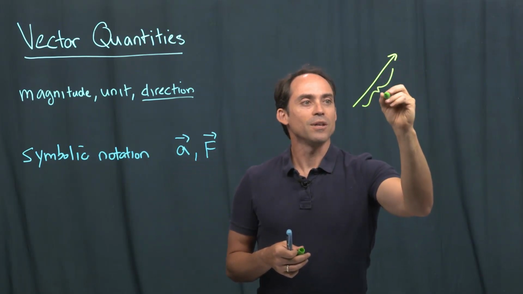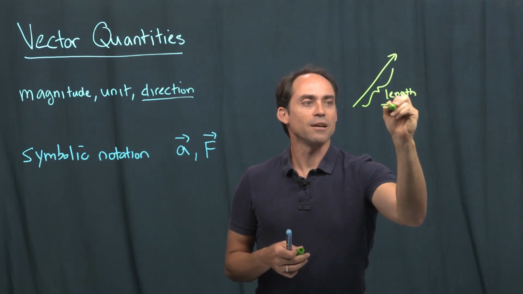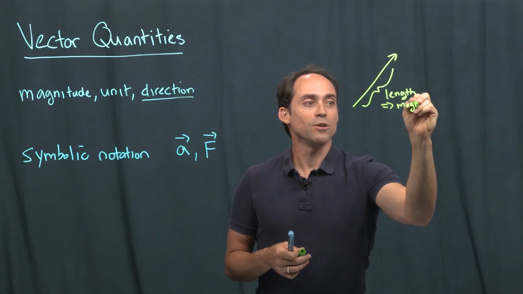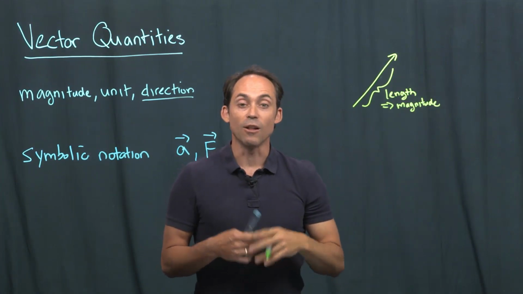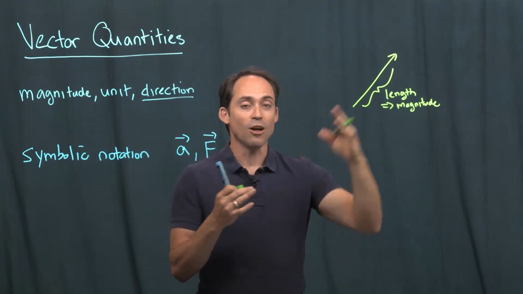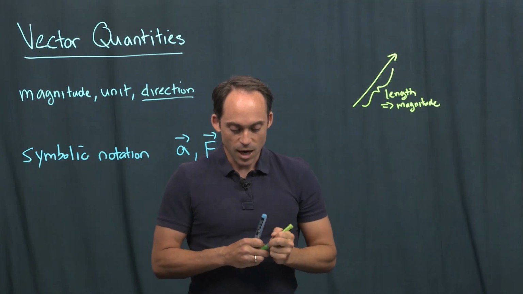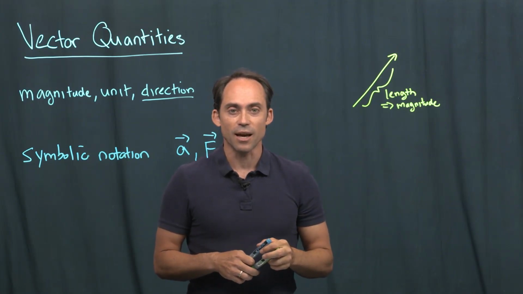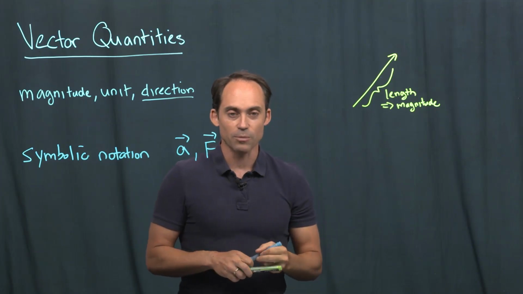The length of this arrow gives us an idea of the magnitude of our physical quantity. So the larger the acceleration, the longer the vector you're going to see when we draw it on the screen. Now we can also represent these vectors in a more numerical way, and of course this is the way that we're going to be able to work with them.